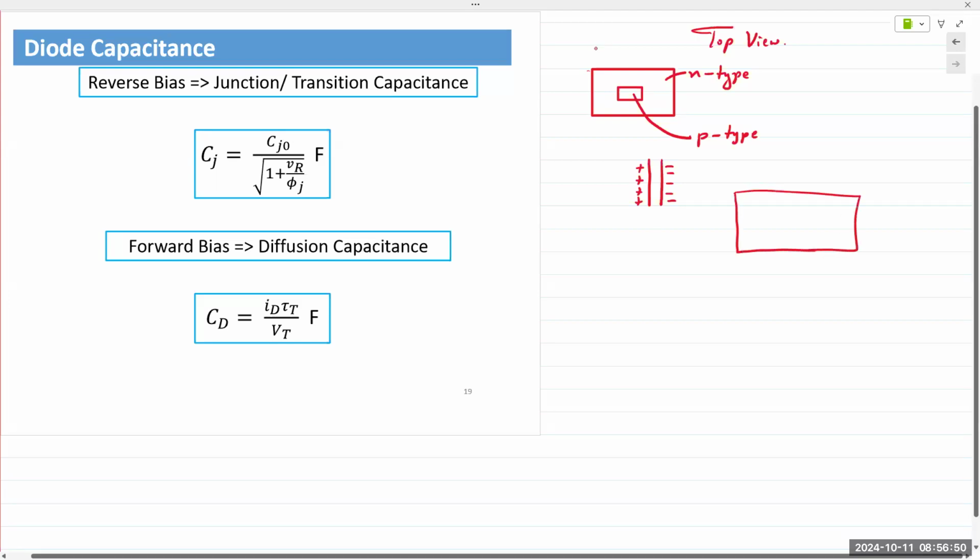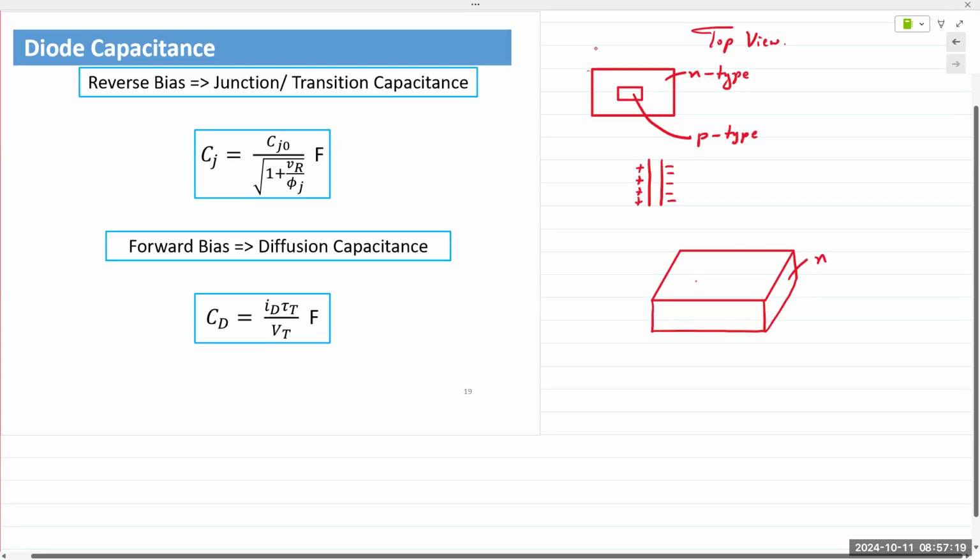Let's see. And then you have, actually, so this is our N-type.